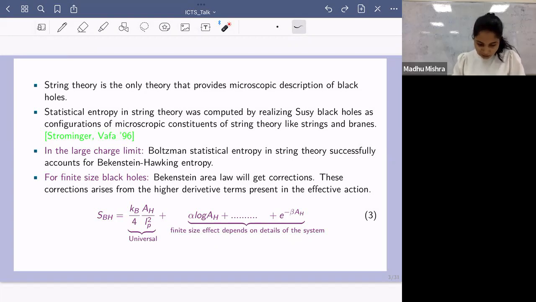These subleading corrections in a semi-classical theory correspond to a finite sized black hole and arise from the higher derivative terms in the action. So note, although this leading term in the entropy is universal, the coefficients alpha and beta here will depend on the nature of the theory.